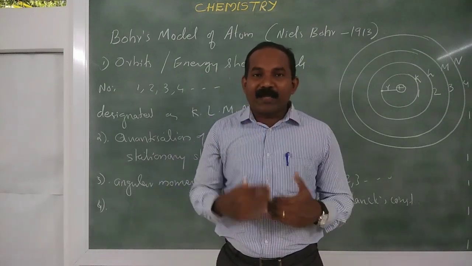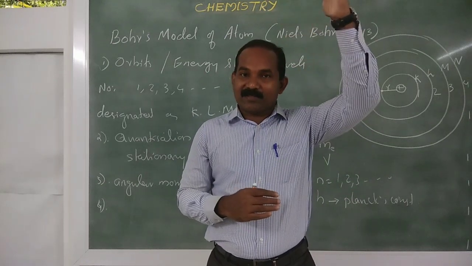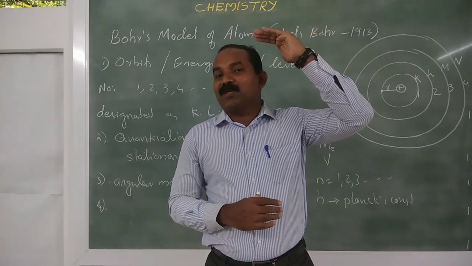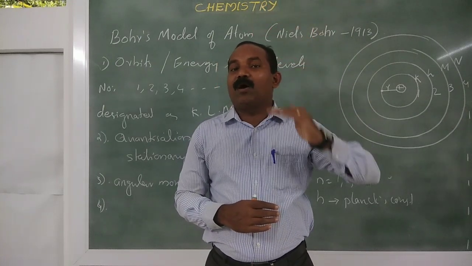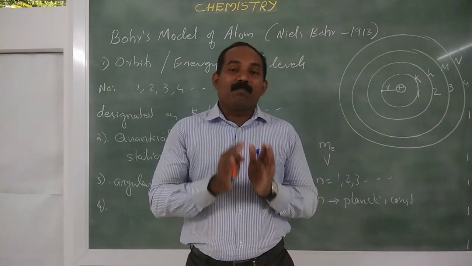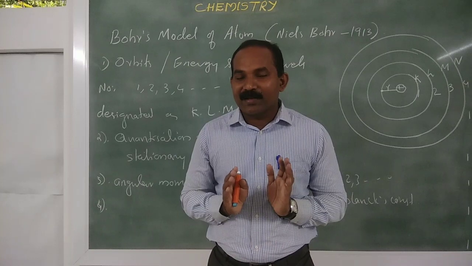So by absorbing energy, the electron can move from a lower level to a higher level, and by emitting energy, it can jump from a higher level to a lower level. Otherwise, the electron remains in a particular orbit. Are you clear? Yes.